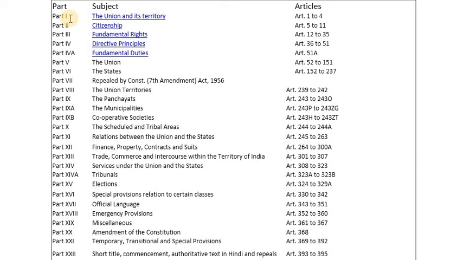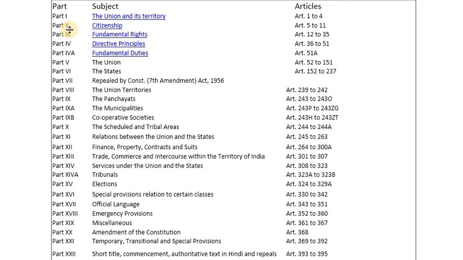Then part 4A is added later on, that is fundamental duties. Part 5 is the union government. After the union, then comes the state. Part 6 is the state government. Then part 8, the union territories. We have to mark out the boundaries for the UTs. Then the 9th, the panchayats, we know the panchayat samiti, municipality 9A, and 9B.